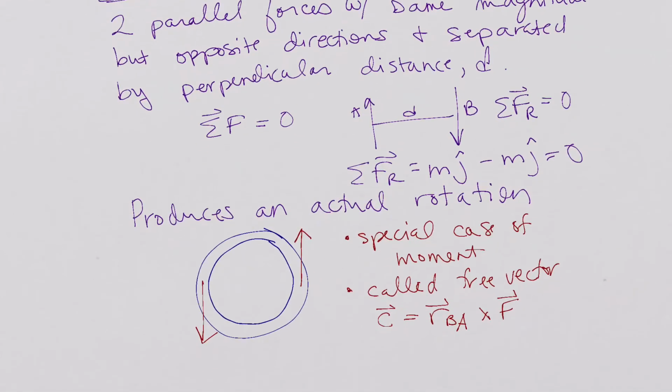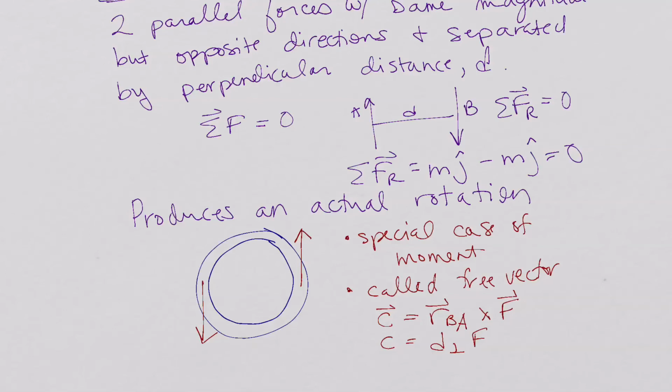Or you can do it with just the magnitudes, the scalar, it's the perpendicular distance times that force. And that R is from any point to any point on each of the vectors.